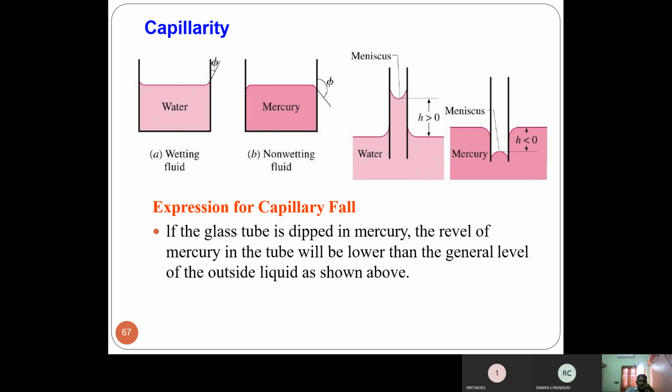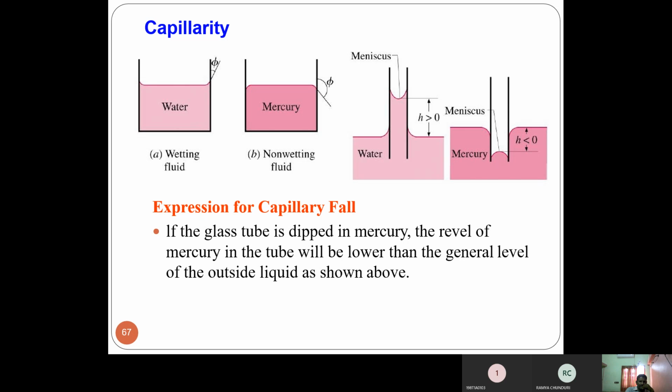So what happened? The water level rises up, and this is greater than the surface level, which is h greater than 0. Whereas if you insert the glass tube in mercury, what will happen? The mercury level falls below the outside level. This is h less than 0.